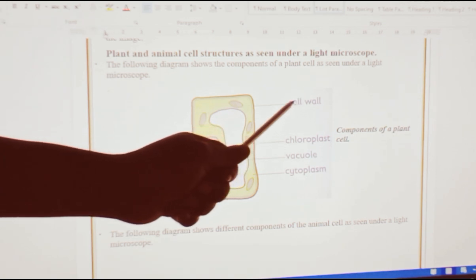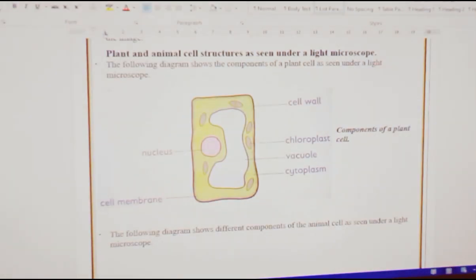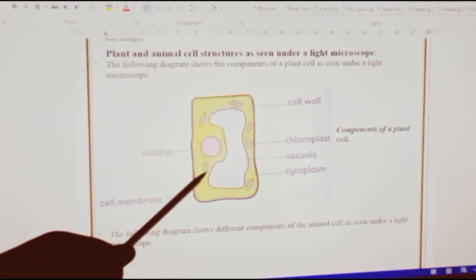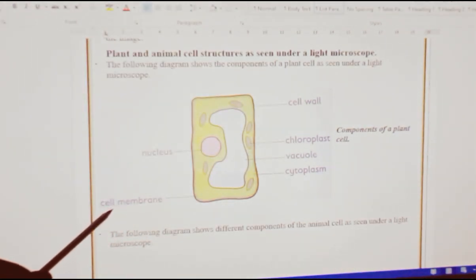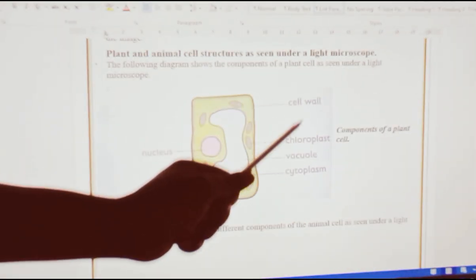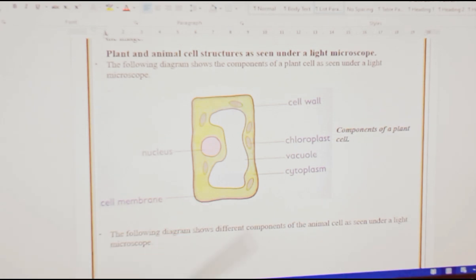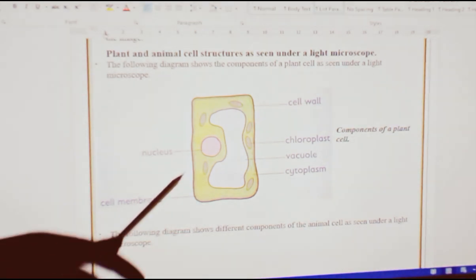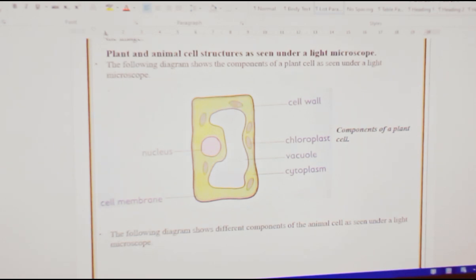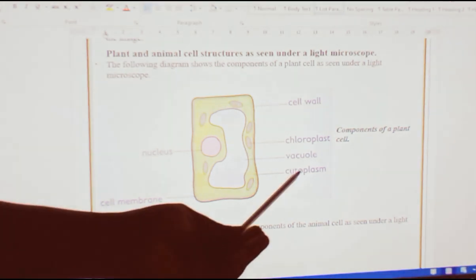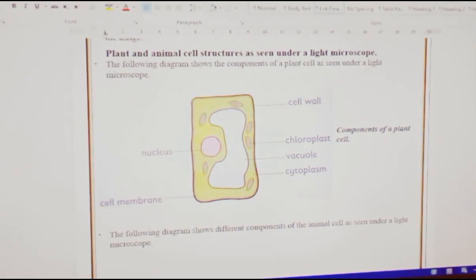After the cell wall, we have got the cell membrane. So after you move from the cell wall, you go to the cell membrane. Then inside there, after the cell membrane, we have got the part called cytoplasm.